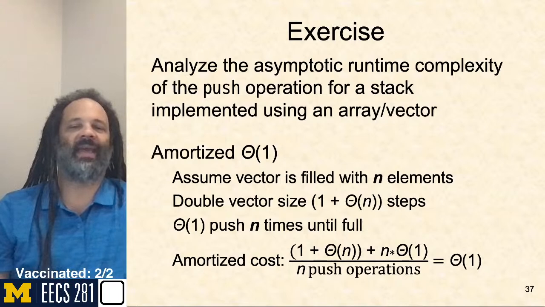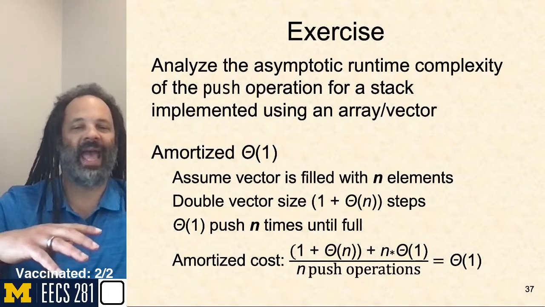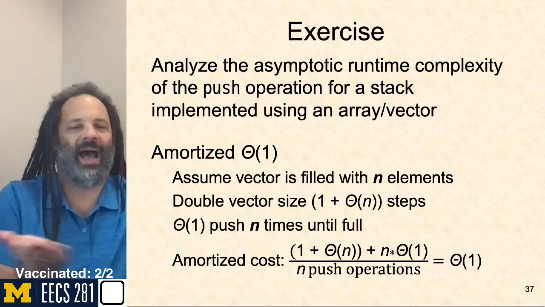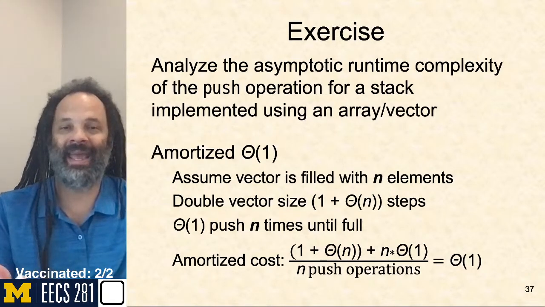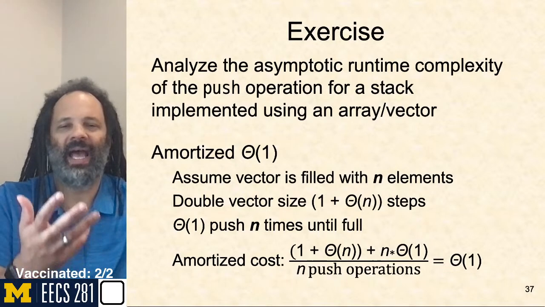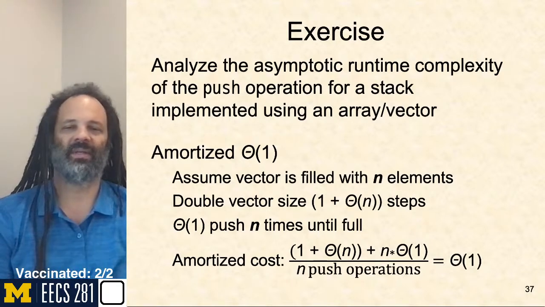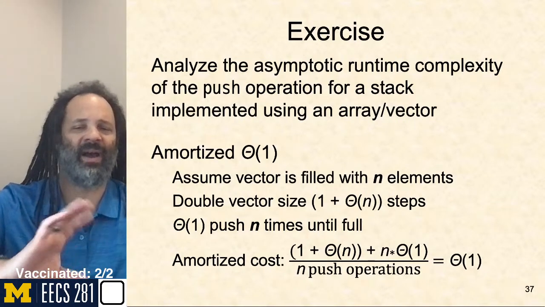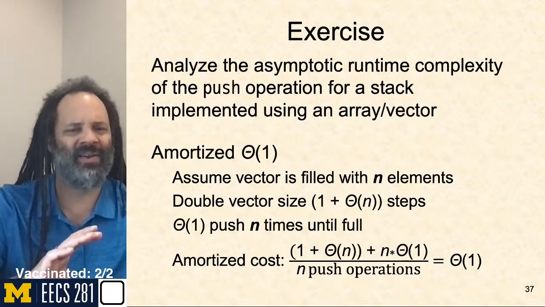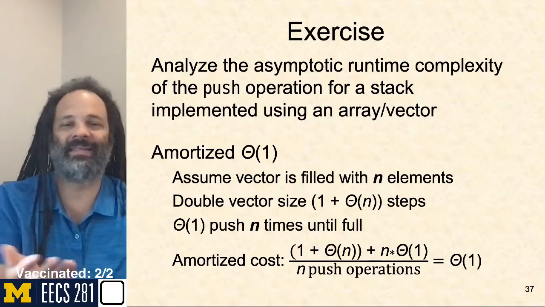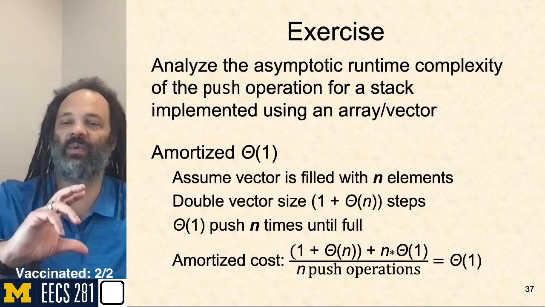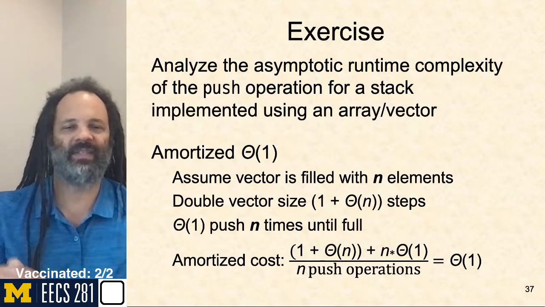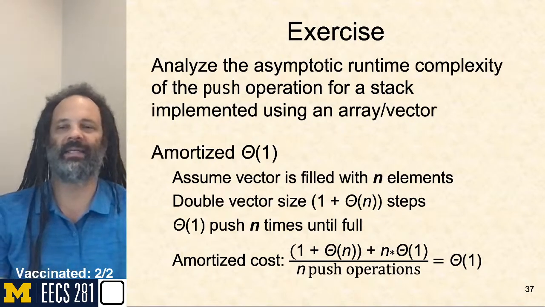Well, if I do that math again, I've got 1 plus theta n plus 100 times theta 1, and that gets divided by not n any longer, because I don't get n free pushes, I get 100 free pushes. So now I'm dividing by 100, and I've got 1 plus theta n divided by 100, so I've got theta n divided by 100. That's something linear divided by a constant. It's still linear. So if I don't double, if I make that a constant growth, then I will have this behavior look like it's amortized linear.